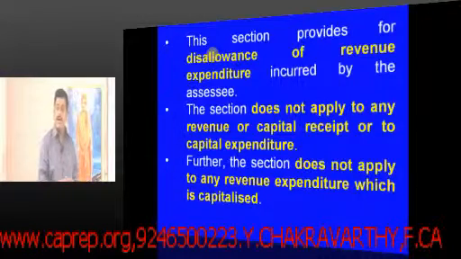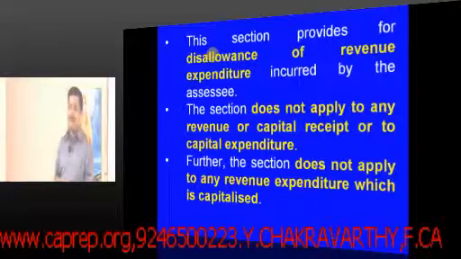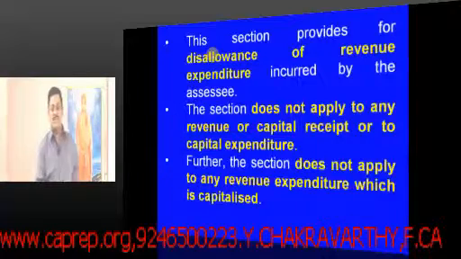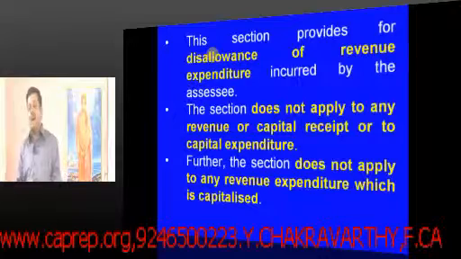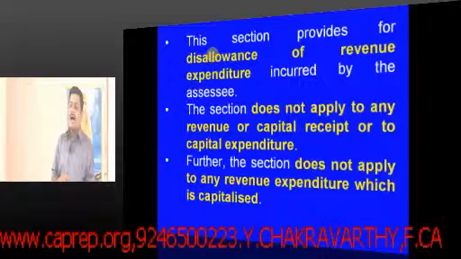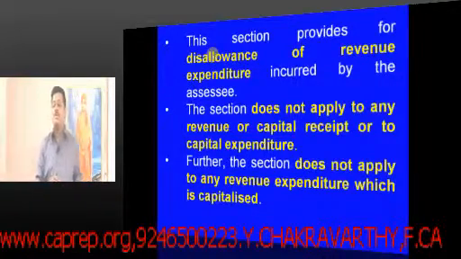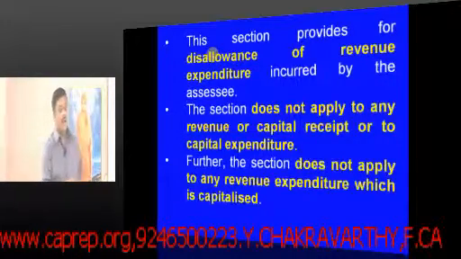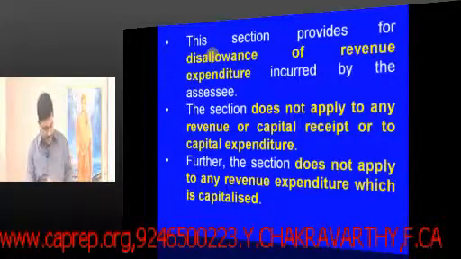Lastly, section 92BA, so many times I am making you write so that you remember. Section 92BA applies to the computation of income under the head profits and gains from business and profession, PGBP, and income from other sources.